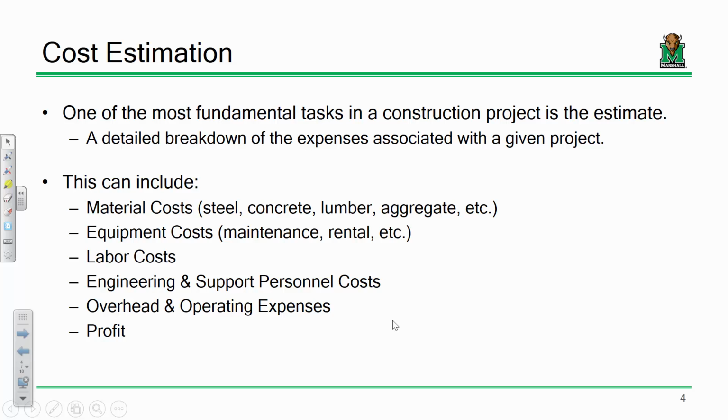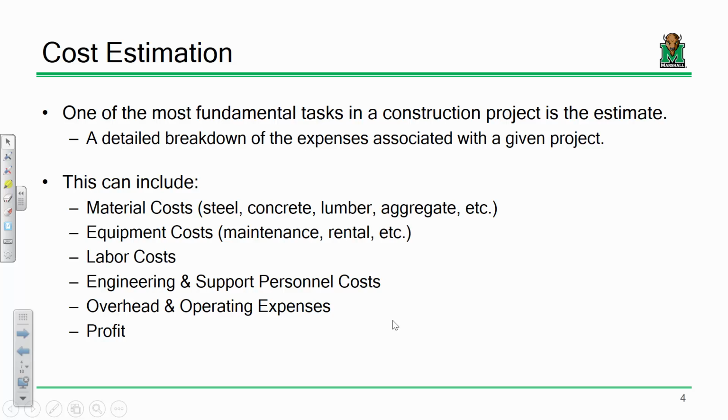So support personnel costs, office personnel costs, overhead costs, operating expenses, and then profit too. If the project realistically costs $100,000 to build, the bid is going to be a little more because there has to be some profit. There is a point to this in regards to making money.